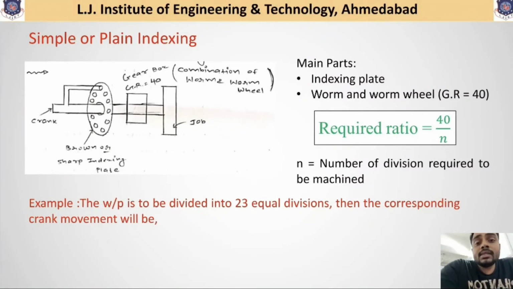So this may be generated using the direct indexing method also. But if you divide 360 by 23, you will come to know that it gives a value with decimal points, maybe 12.66, maybe 12.77. So how can you accommodate that 0.77 value? That value in decimal points cannot be accommodated using simple hands.